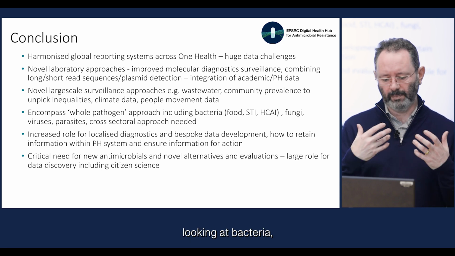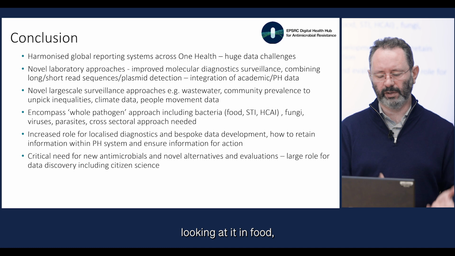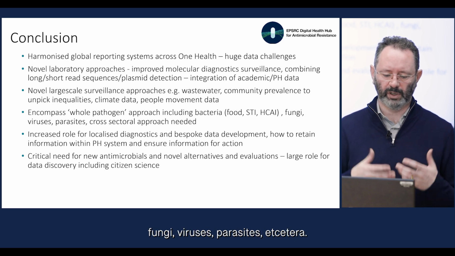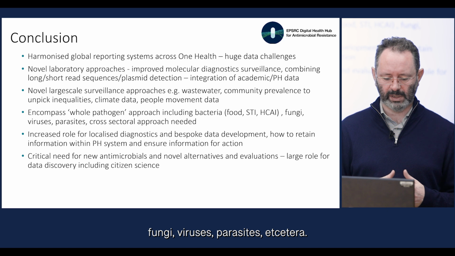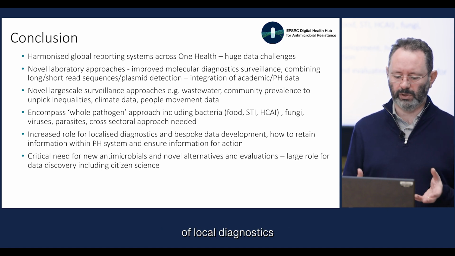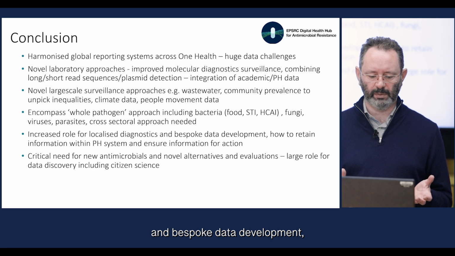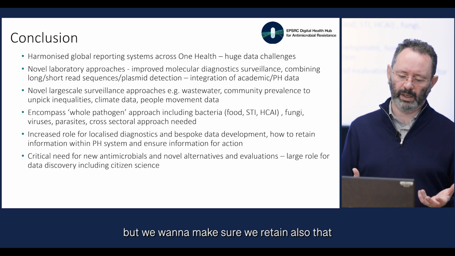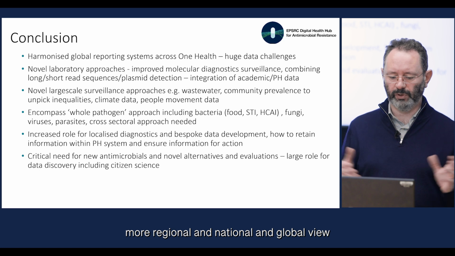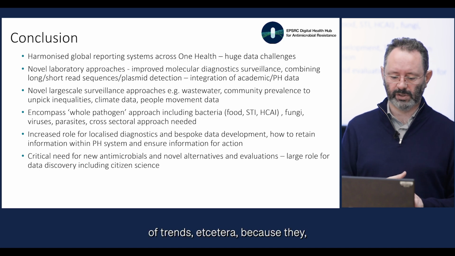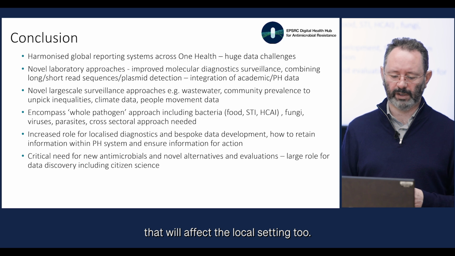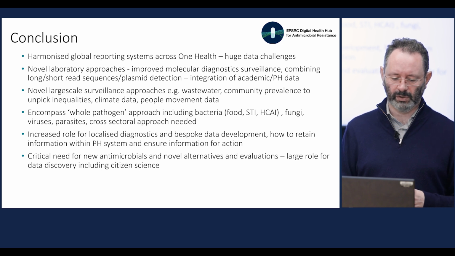Looking at bacteria, but not just in humans, look at it in food, etc., and look at things like fungi, viruses, parasites, etc. We need to increase the role of local diagnostics and bespoke data development, but we want to make sure we also retain that more regional, national and global view of trends, etc., because they can also inform on threats that will affect the local setting too.